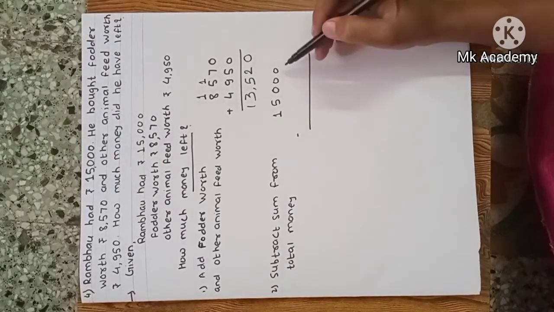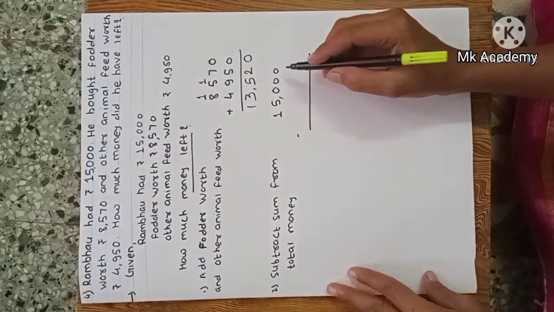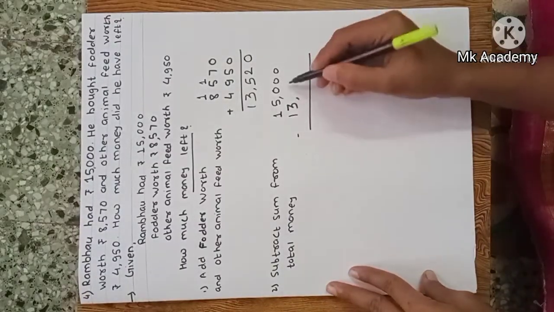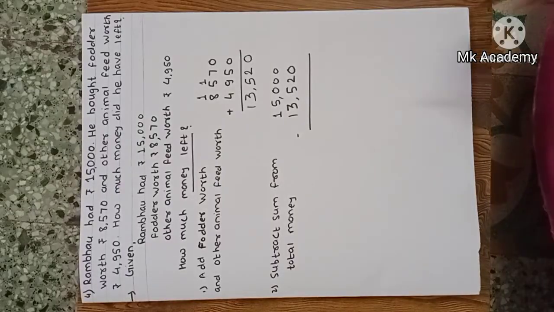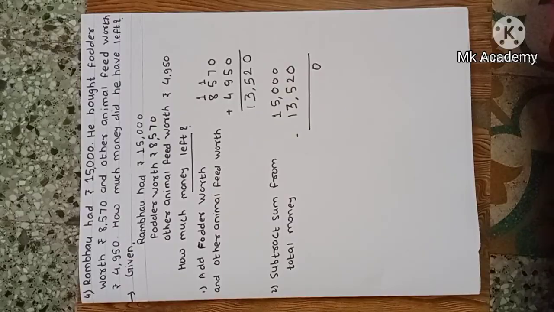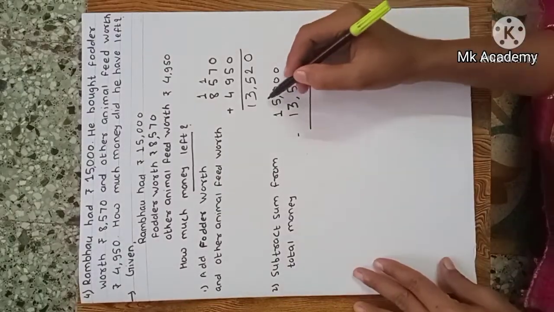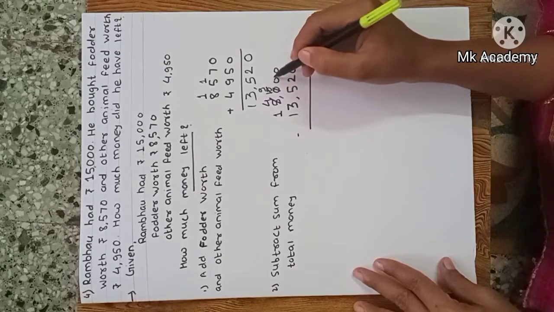Subtract this sum from the total money. Total money is 15,000. And we have to subtract 13,520. Now 0 minus 0, 0. Here 0 minus 2, here also 0. Therefore we borrow from here. Here we get 4, 10, 9, here 10.